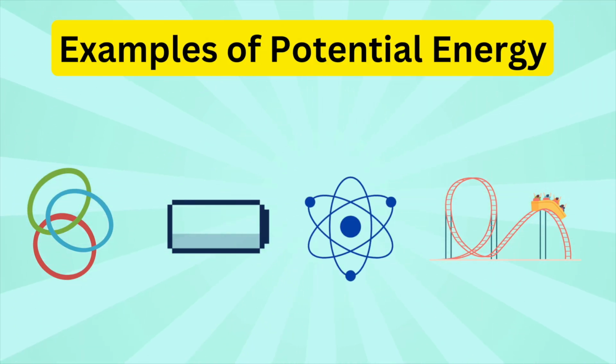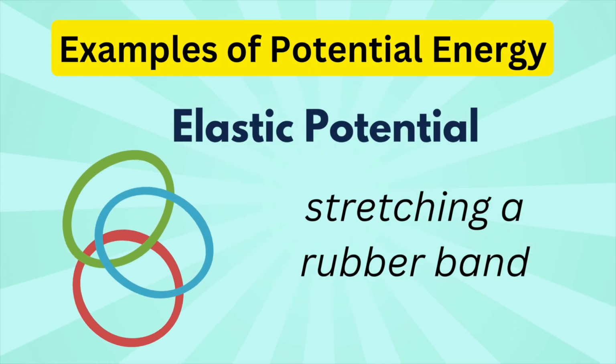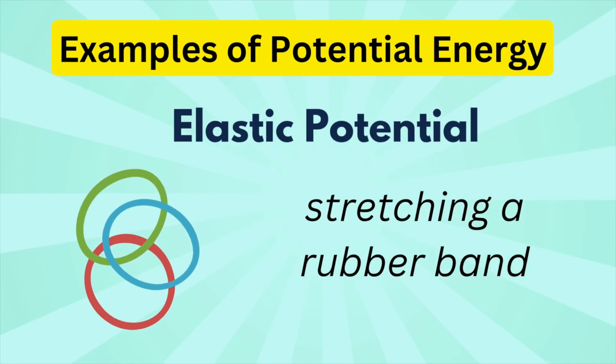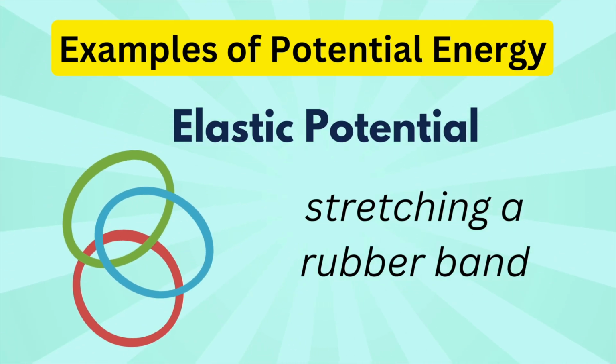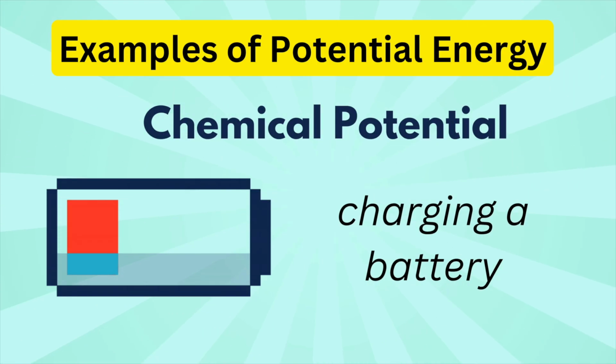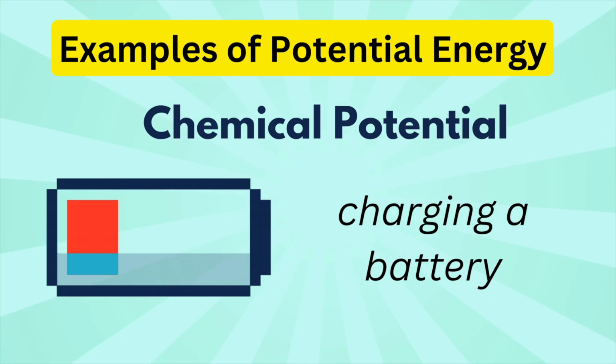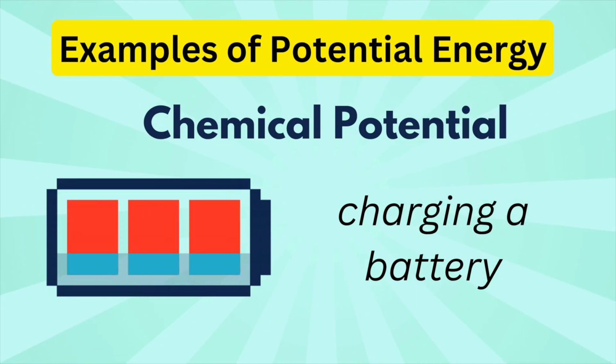You'll find potential energy in many everyday situations, like when you stretch a rubber band before letting it go, known as elastic potential energy. When you charge a battery, it stores energy that can later be used to power a device, known as chemical potential energy.